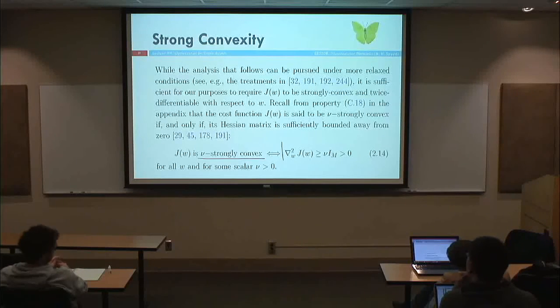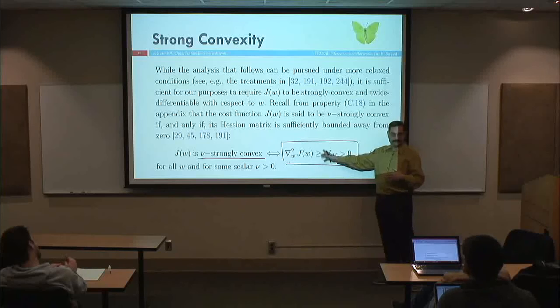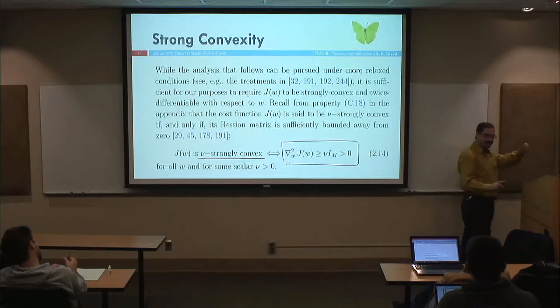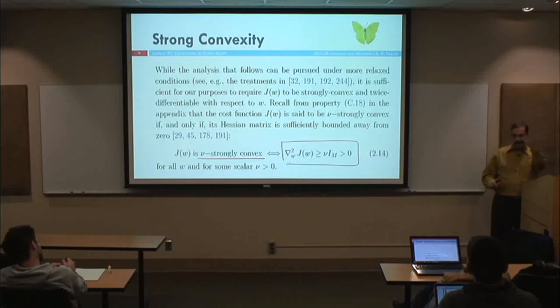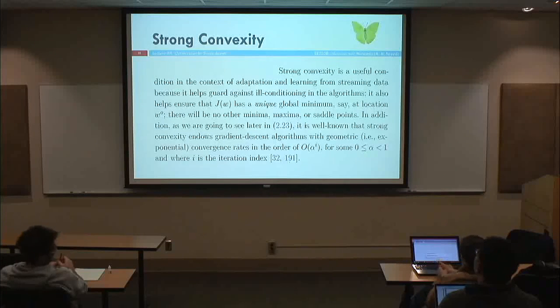We already know that that means the Hessian is bounded away from 0 from below, right? By some nu. Okay, and this will mean that your function will have a unique minimum. So that's condition number 1. Throughout this course, you will see conditions like this, okay? Condition number 1, strongly convex, okay?